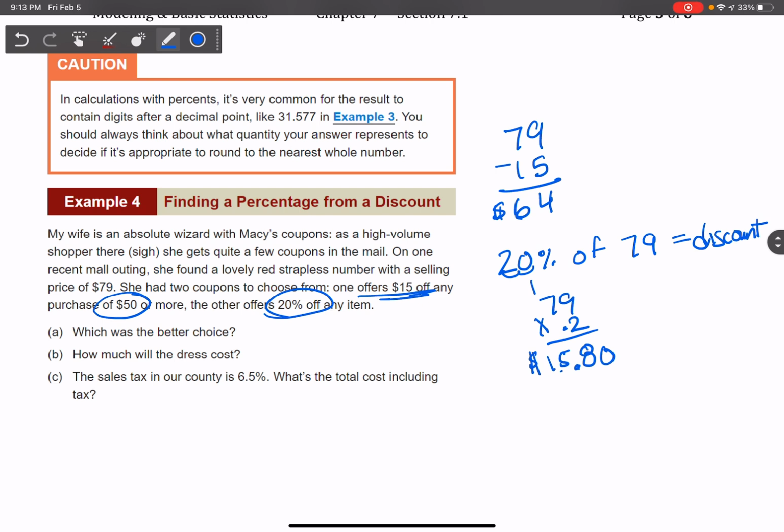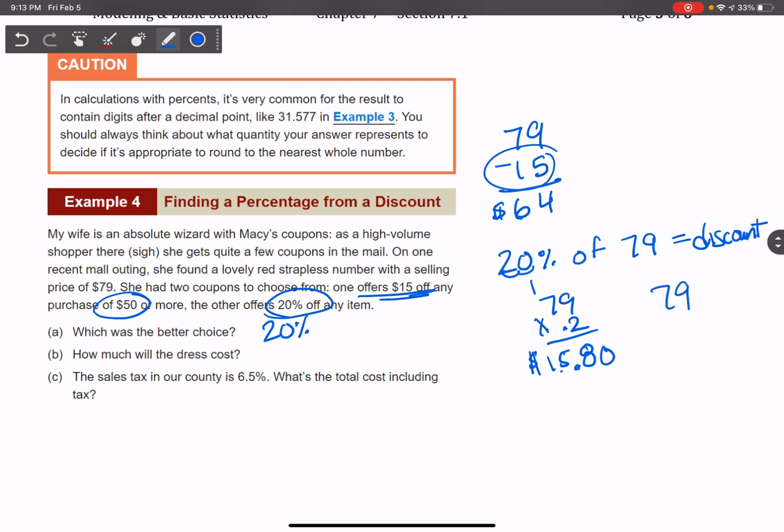Okay, that discount is more than that $15 coupon. It's 80 cents more. So which is the better choice? The 20% off coupon.